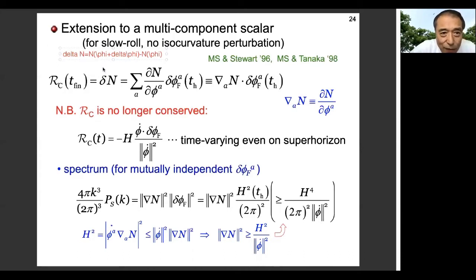But once you understand the reasoning behind this, you can easily see that it can be extended to the nonlinear level.